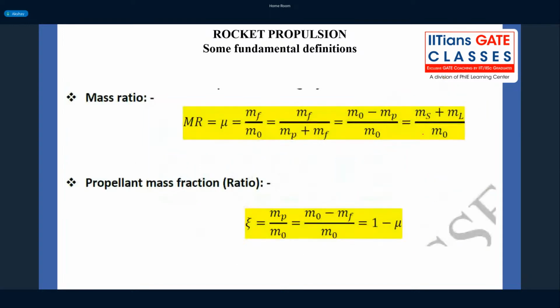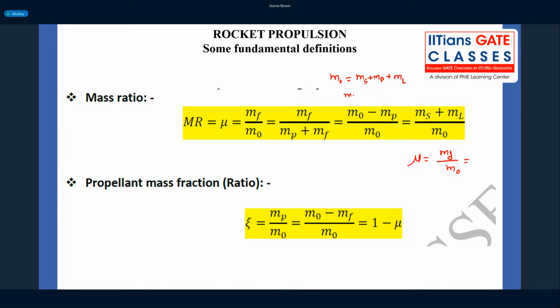Then we can also define certain ratios such as mass ratio. Mass ratio, we define as the final mass of the rocket to the initial mass of the rocket. As we said, all these masses have a relation: the initial mass is nothing but structural mass plus propellant mass plus payload mass.